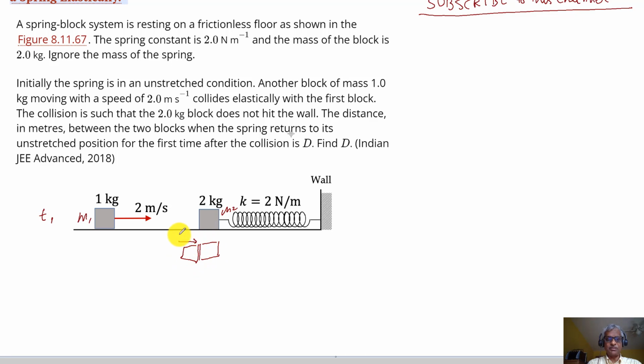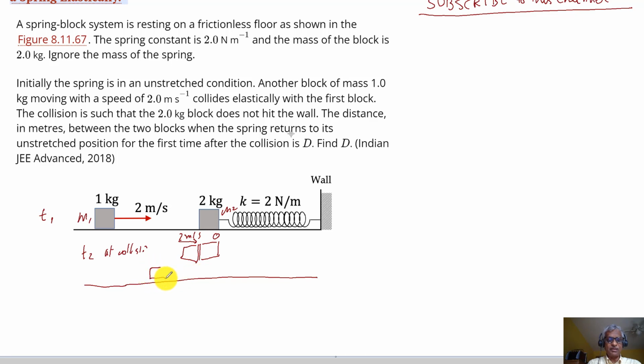So it is 2 meters per second, and this is 0. This is at collision. Let's call it T2.